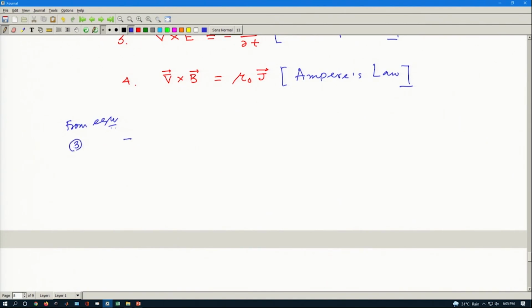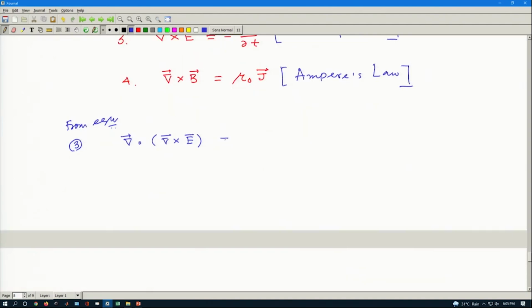I can take the divergence of the curl of E. If I take the divergence of the curl of E, then this side should be 0 and this condition should be reflected in the right hand side as well.